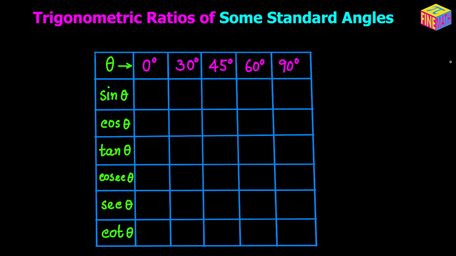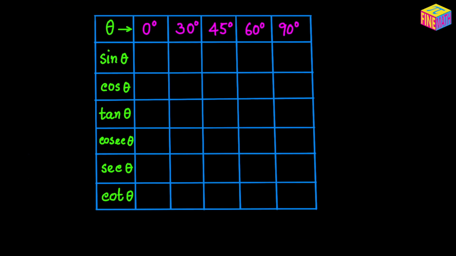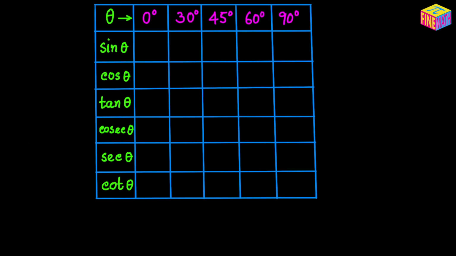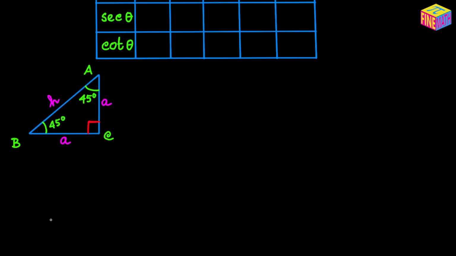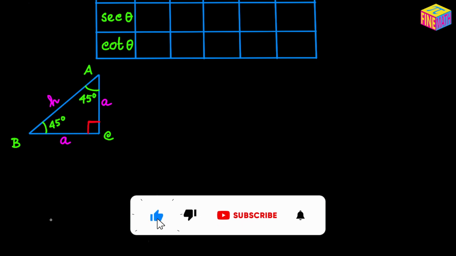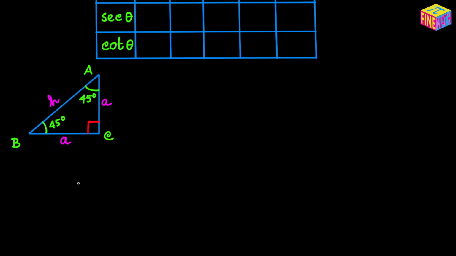To determine the values of the different trigonometric ratios for 45 degree, we are going to draw a triangle, and from there we'll see how we can work it out. I have drawn a right triangle here, triangle ABC, and it's an isosceles right triangle. That means two sides have equal length, say a units.